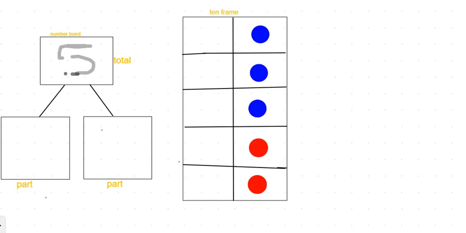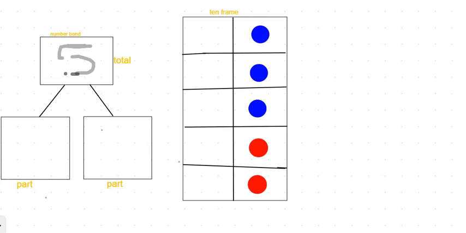Awesome. So the part about the number bond is once we put in that we have 5, the next step is to figure out, can we separate them? And that's the reason why I put them in separate colors. So we know we have 5 altogether. Now, can you separate them? One way to separate them would be to look at the colors.